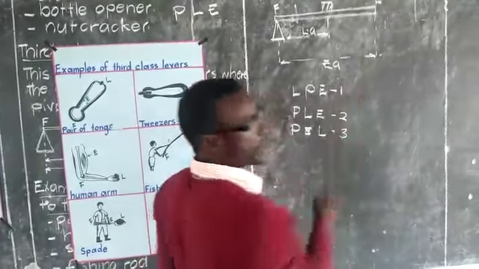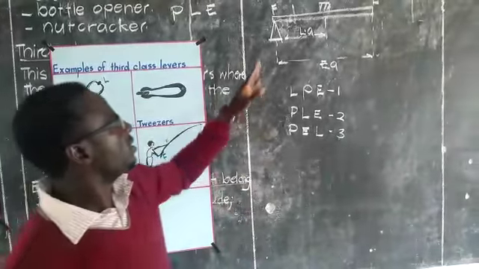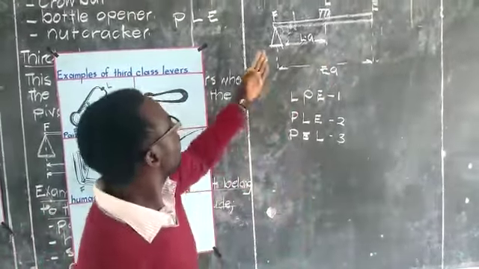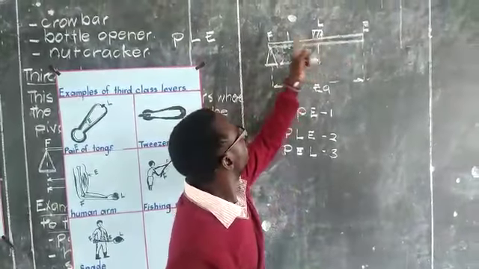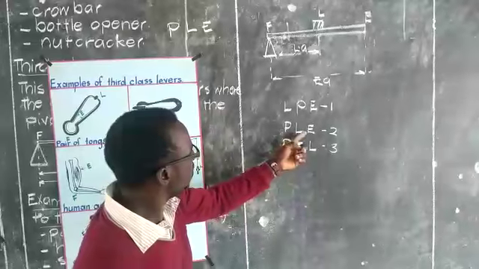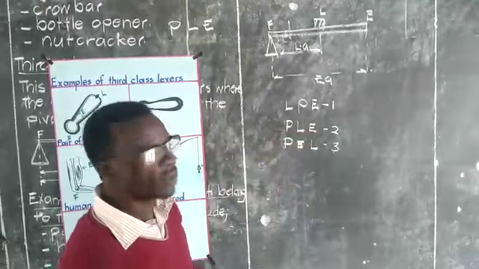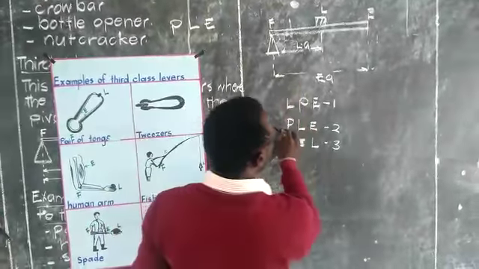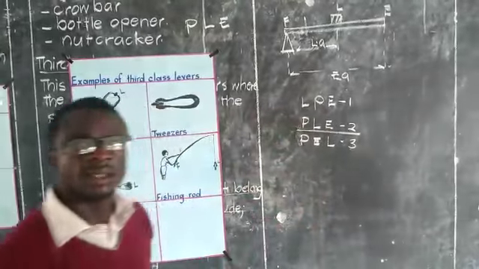So, to which class of lever does this machine belong? Here, the load is in between effort and the fulcrum. So, this machine belongs to second class levers.